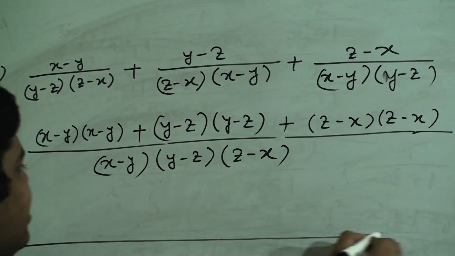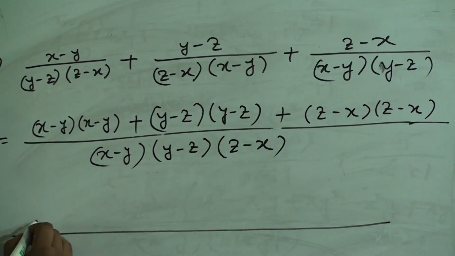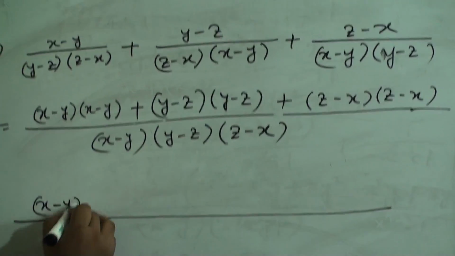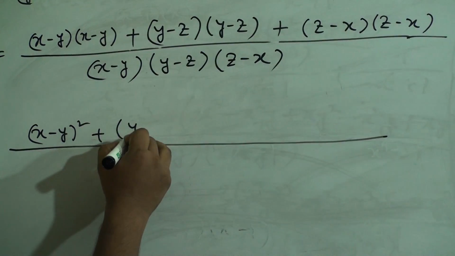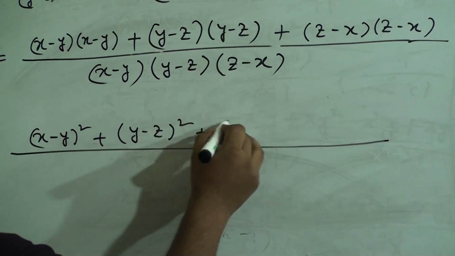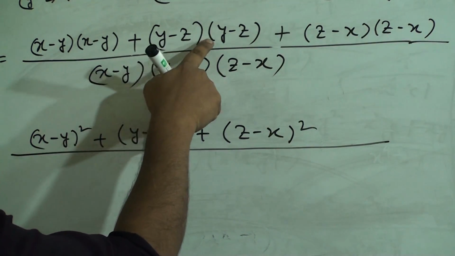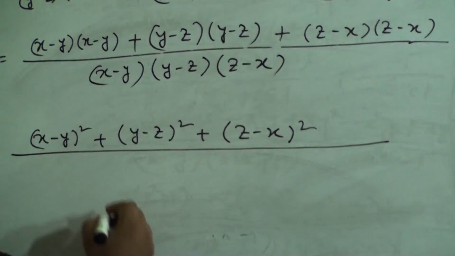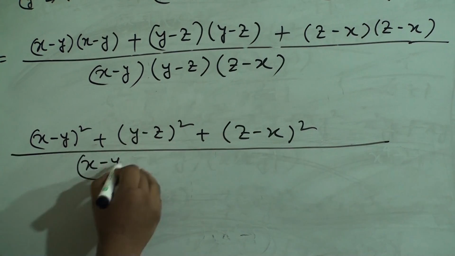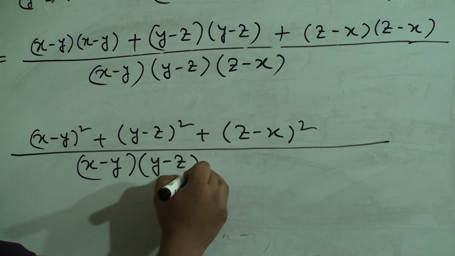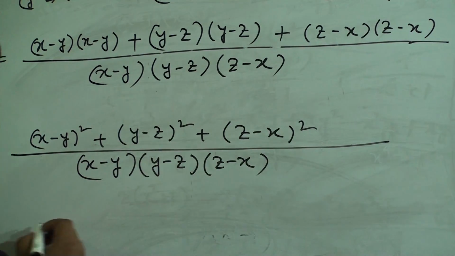Now dear student, x minus y, that means x minus y whole square, and this is y minus z whole square, and this is z minus x whole square, because y minus z into y minus z, z minus x into z minus x. So x minus y, y minus z, z minus x.